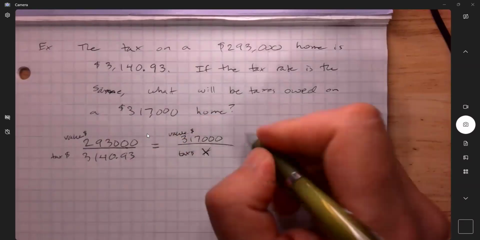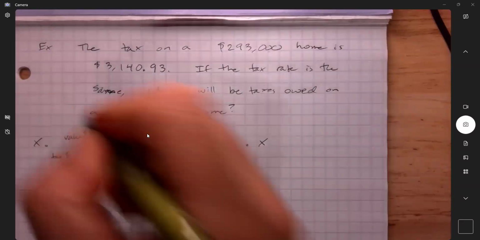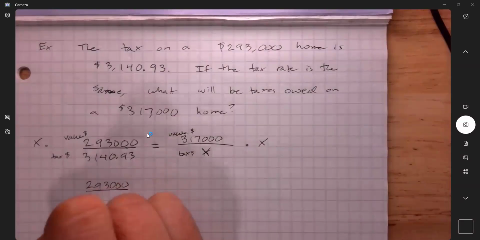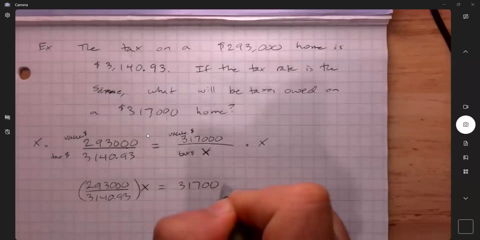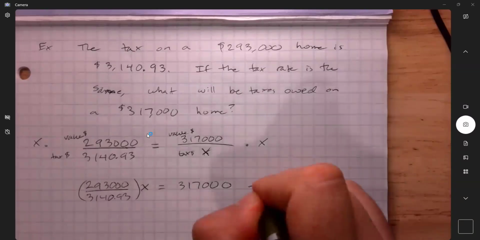So I'd have to multiply both sides by X, giving me, I'm going to leave off the units just for now, this equation here: 293,000 divided by 3,140.93 times X equals 317,000.